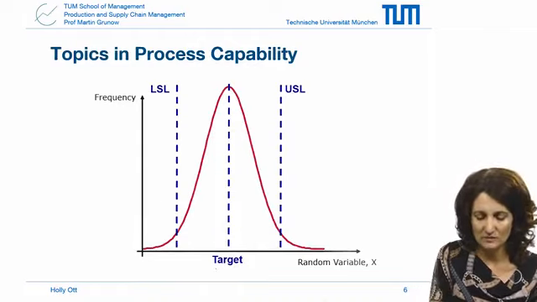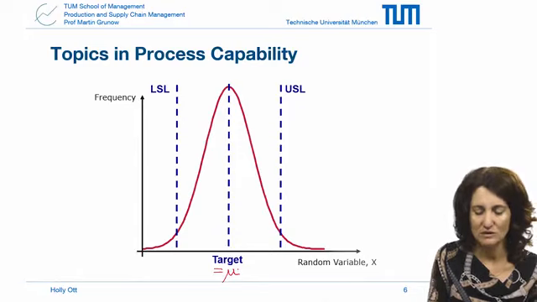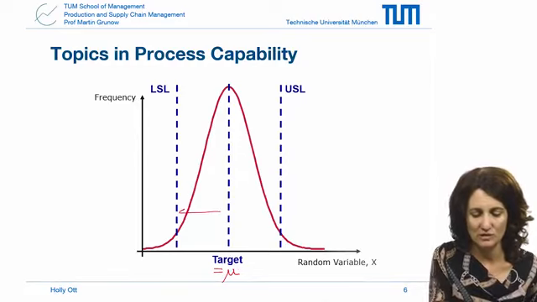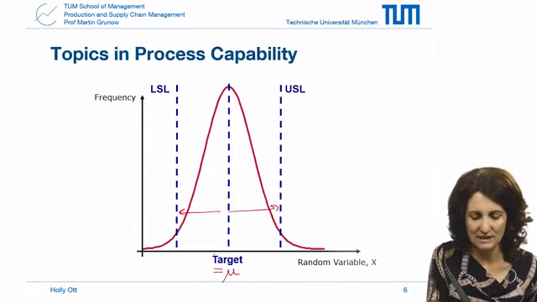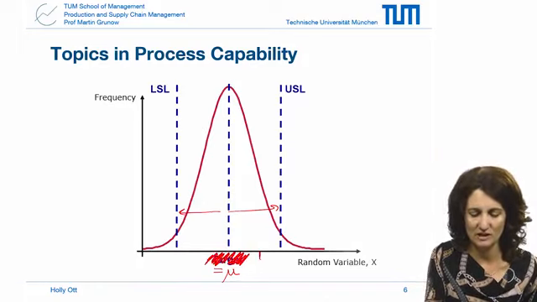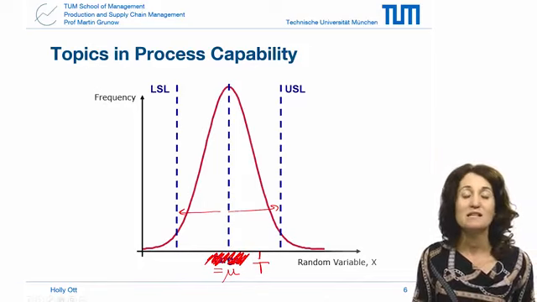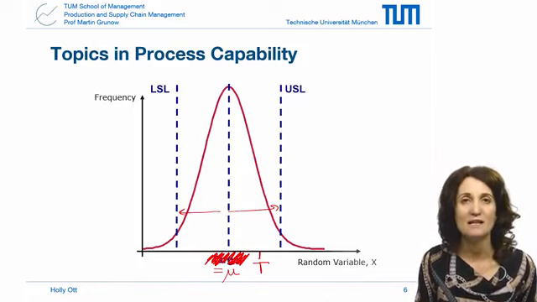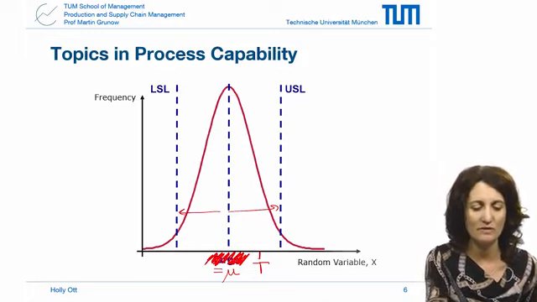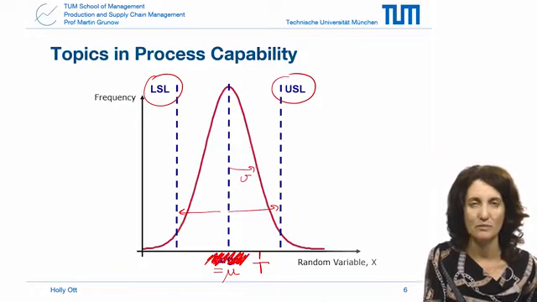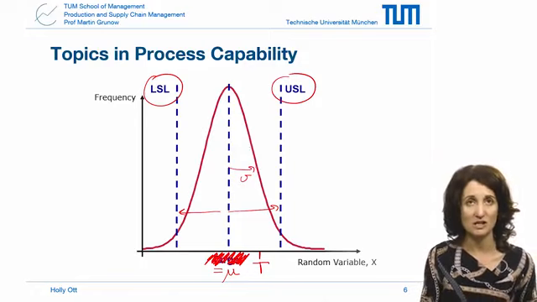We assumed that the target was equal to the process centering, and that is at the midpoint of these two specification limits. But let's say that's not true. That is not the target. This is our process mean, but let's say our target is somewhere else, T for target. Then CP and CPK do not tell us anything about the target. They're only focusing on the variability of the population with respect to the specification limits.